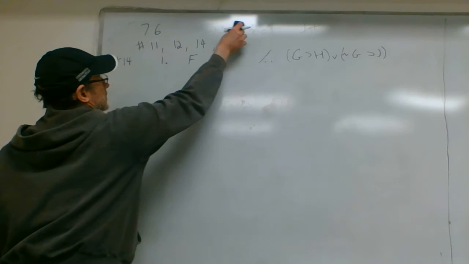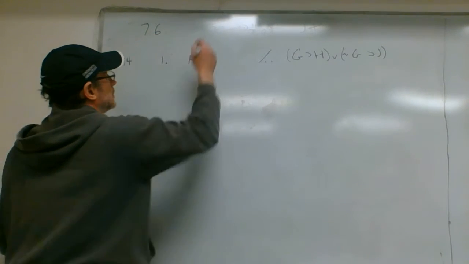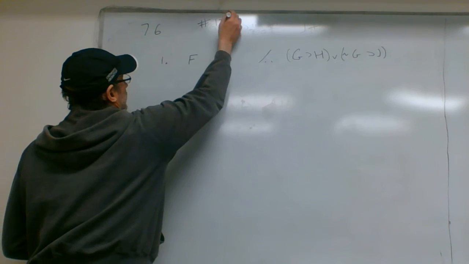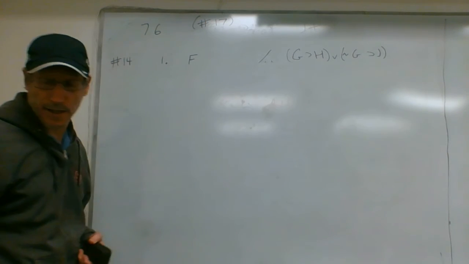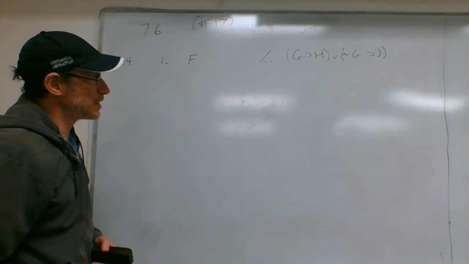Let me just erase this here. We're still going to do number 17 also. We'll get to that later, but this is number 14. F, therefore, G horseshoe H, wedge, not G horseshoe J.